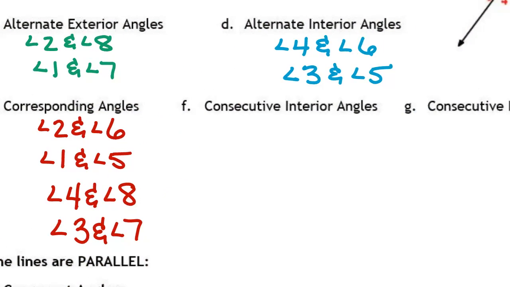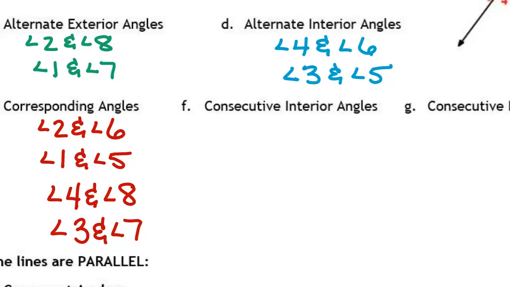Corresponding angles, because I always have 4 corners when 2 lines cross, I'll always have 4 pairs of corresponding angles. Alternate interior, alternate exterior, and my consecutive interior and exterior, I'll only have 2 pairs. What's one pair of consecutive interior angles?